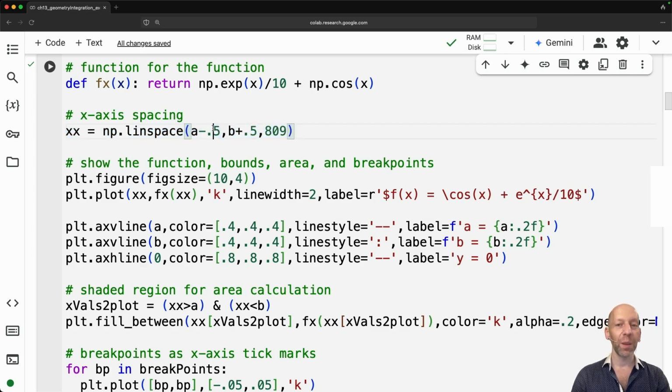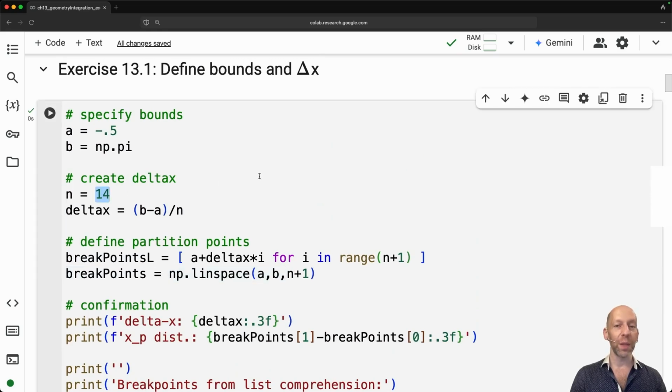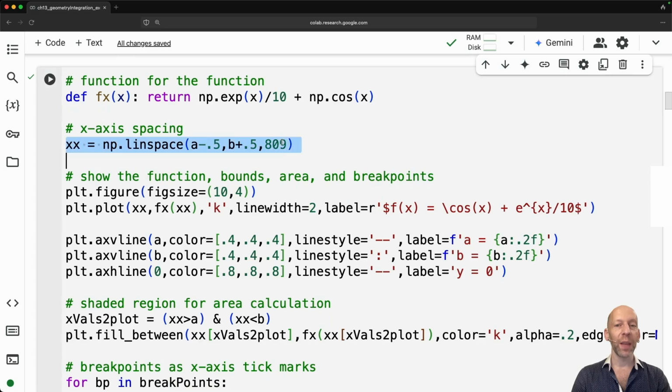You can see I start the plot a little bit before point a and end the plot a little bit after point b. And this is 800, I don't know why I came up with that number. But what I want to express here is that there's a distinction between the x-axis points that we use for approximating the area of the function, which is what we did in the previous exercise, where I only used 14 points, and the points used here, 800 points, which is for the visualization.